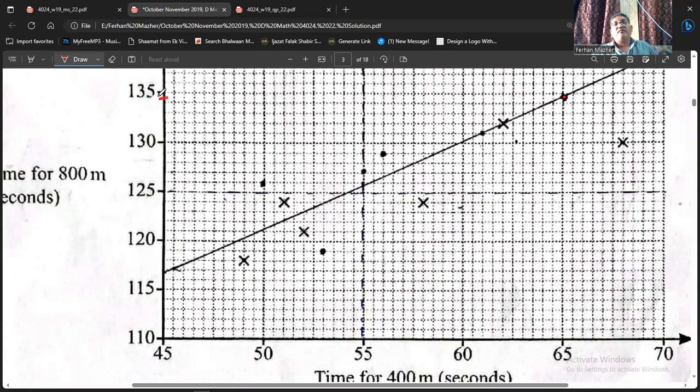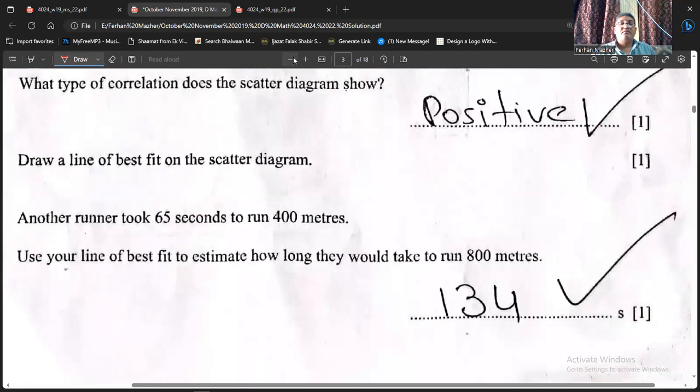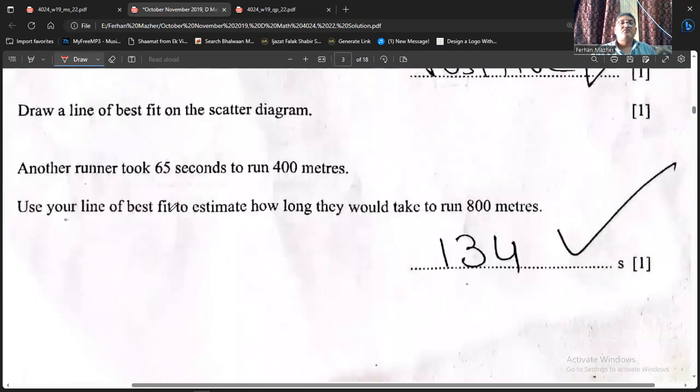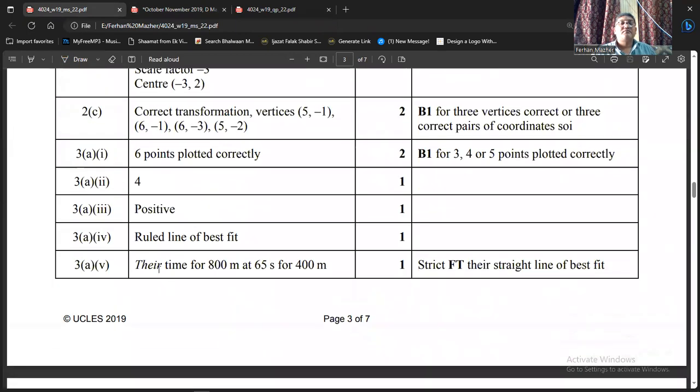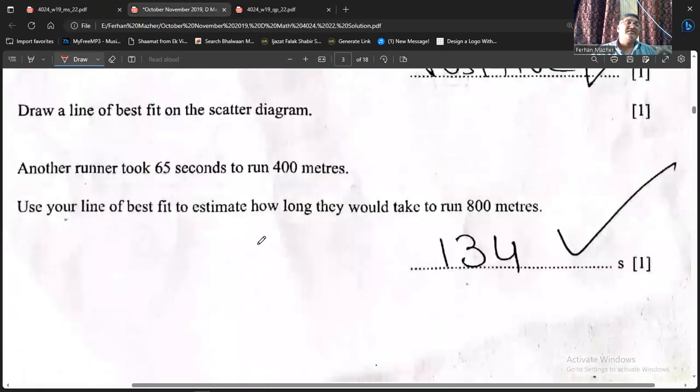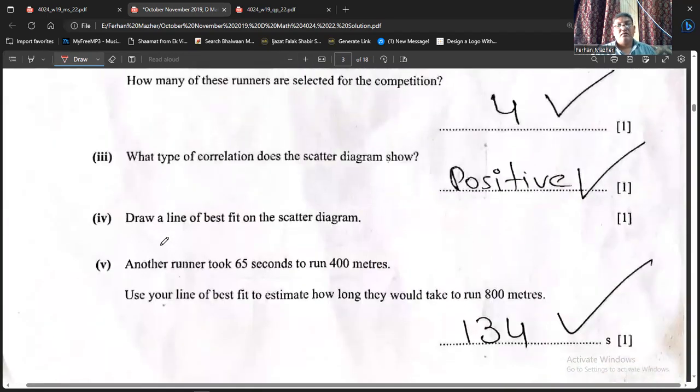You see, it's 135 something, I think. So I think it's 134. From the best fit, we are telling this. So whatever my answer is coming, he says that is acceptable.